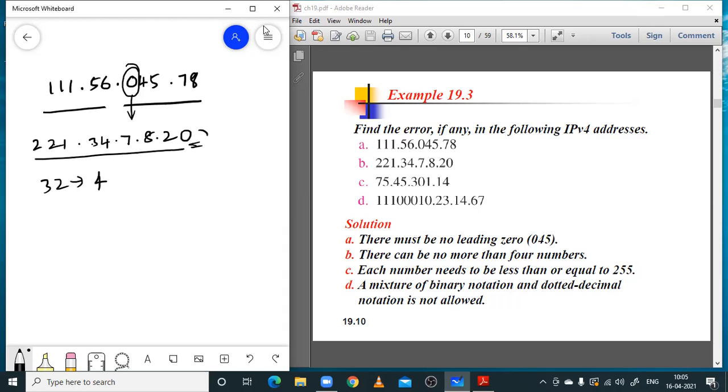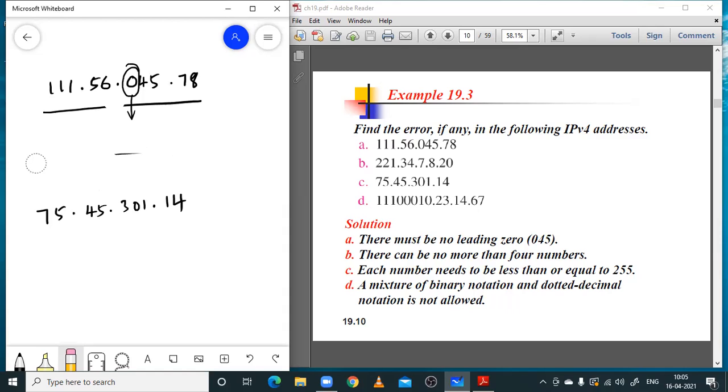Now coming to the next one, 75.45.301.14. You observe here, what is the maximum number which is available in any octet?